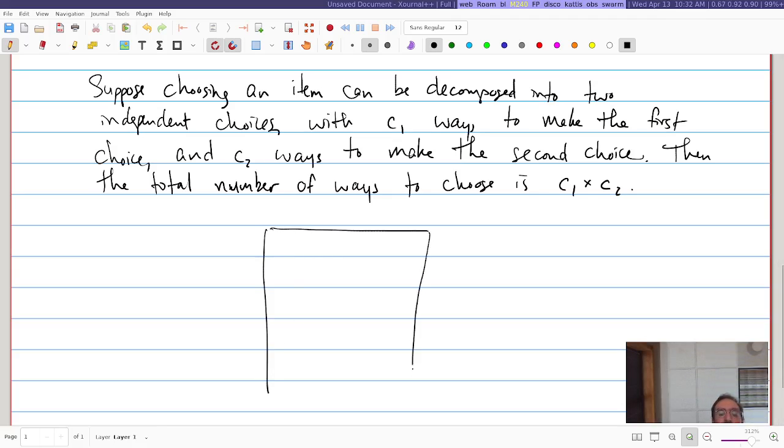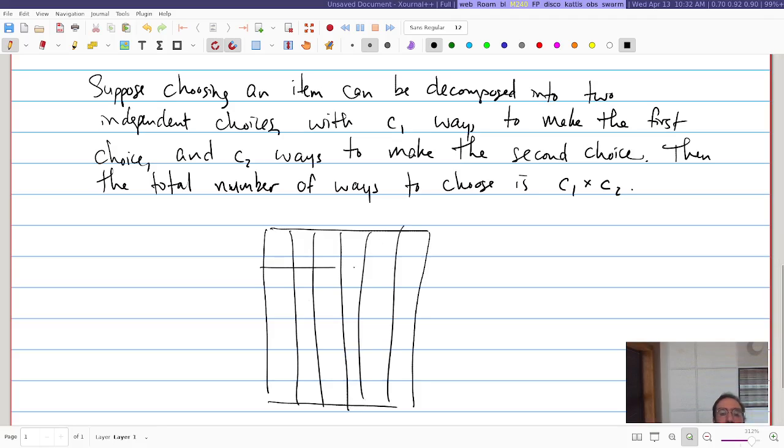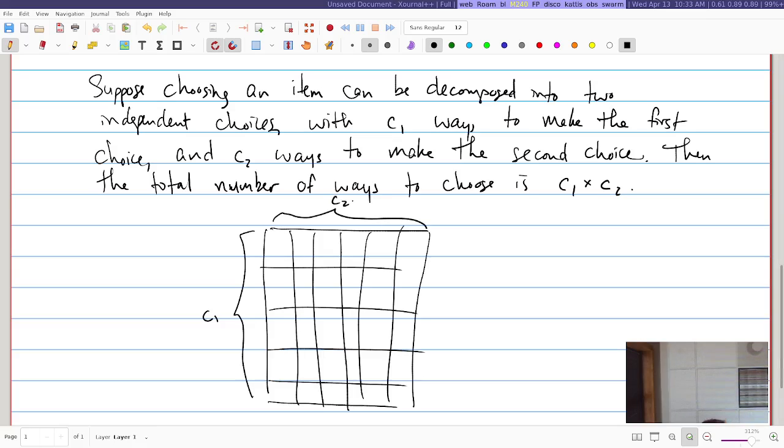I like to think of this in terms of a grid. So if each box represents a thing I could choose, each grid square represents a thing I could choose.